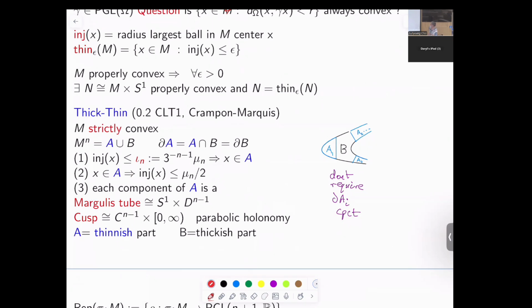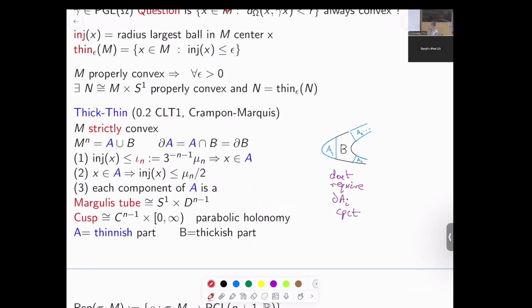So the property we have is that A contains all the points where the injectivity radius is very small. Very small means less than this multiple of the Margulis constant. All the points with very small injectivity radius are in A. Not only that, if X is in A, the injectivity radius is pretty small. It's less than half the Margulis constant.